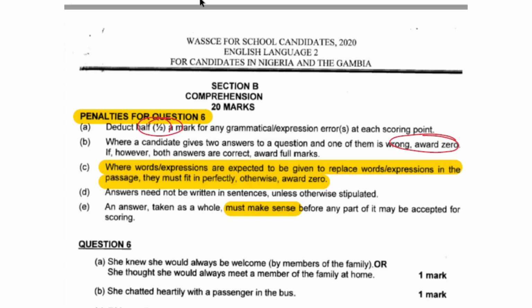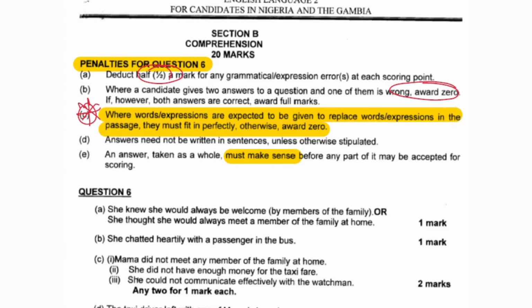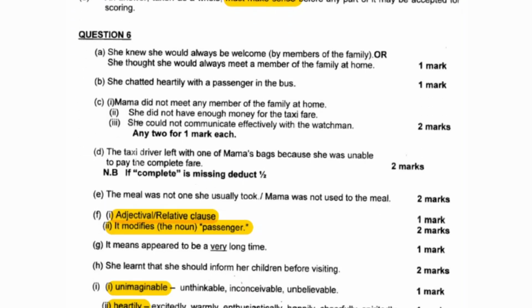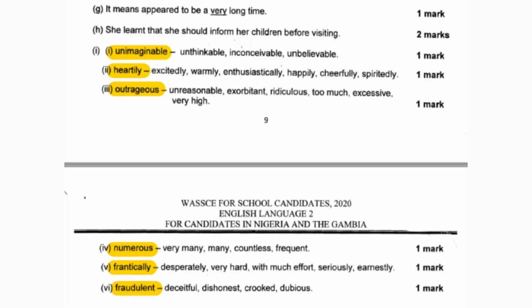Now look at this. This is something I really want to draw student attention to. Where words or expressions are expected to be given to replace words or expressions in the passage, they must fit in perfectly. Otherwise, you'll be awarded 0. Like in this particular question, we have been told to replace some words like frantically, fraudulently.